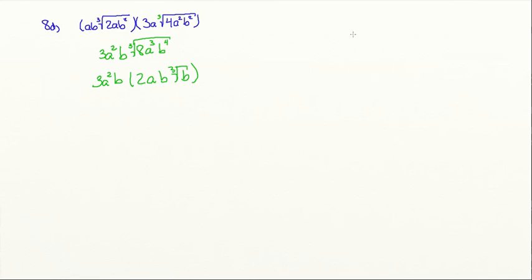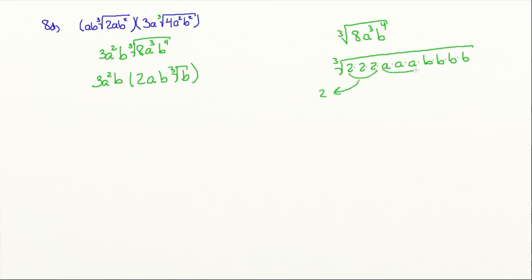So I can write that out a little bit more for you. Okay, we're looking for groups of 3. 2 can come out, and a can come out.